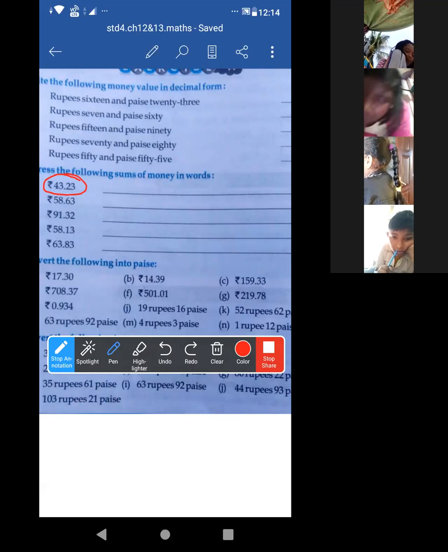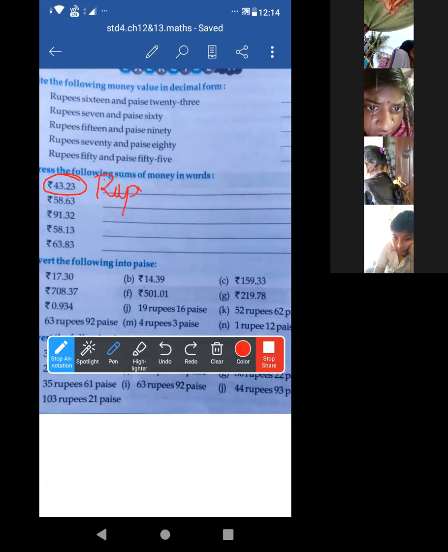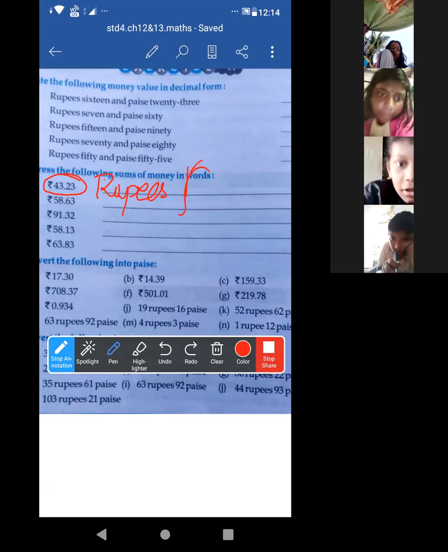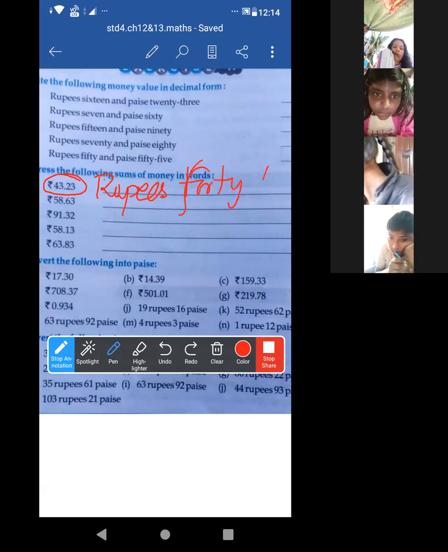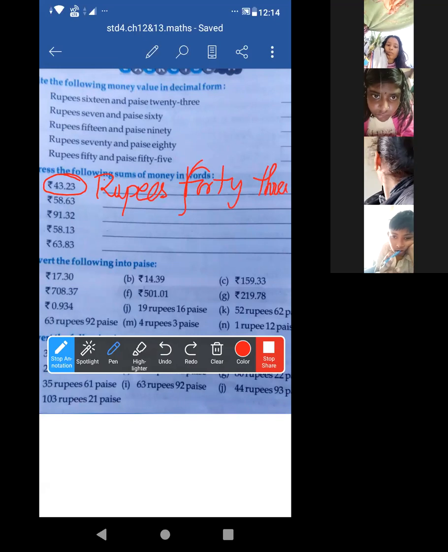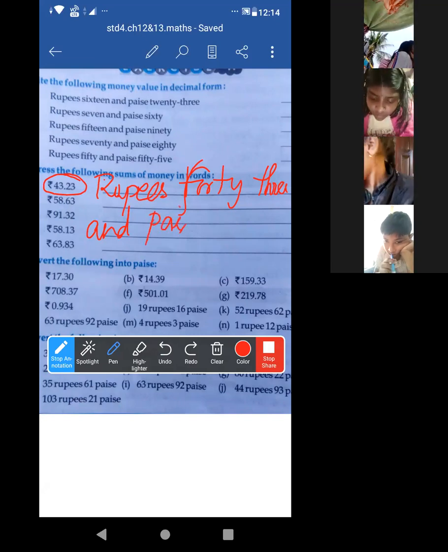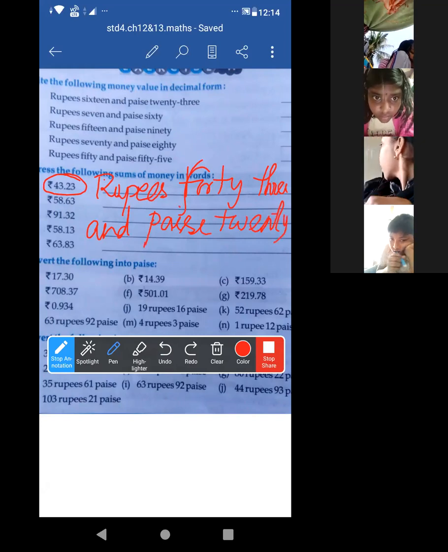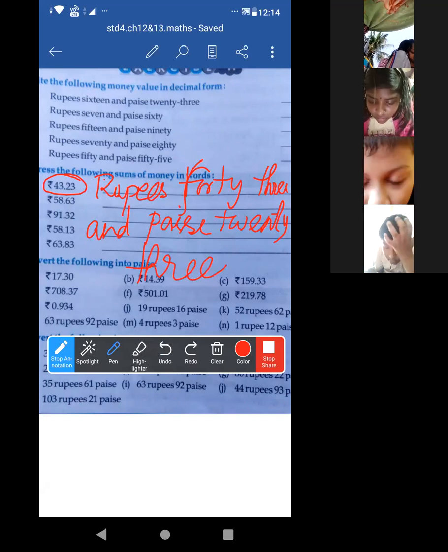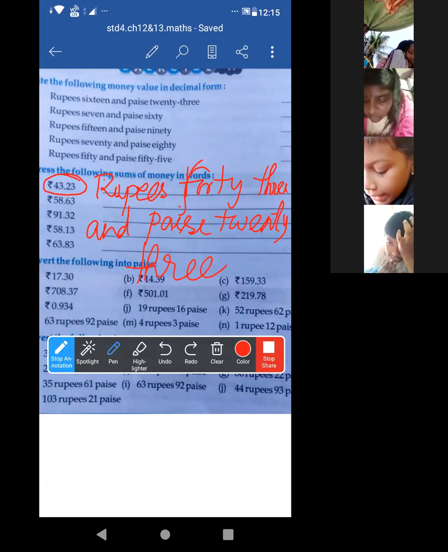So it is 43 rupees, or you can write rupees 43, and paise how much? 23 paise, or you can write paise 23. Is it clear to everybody? So this one you can do yourself. Now everybody do it.